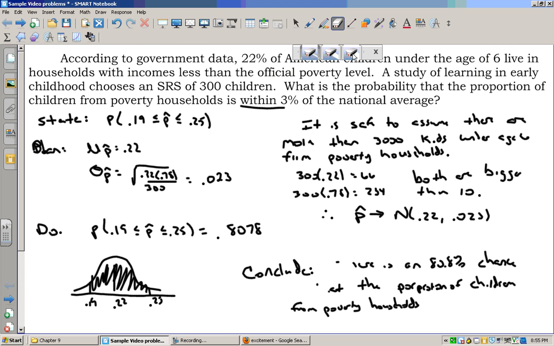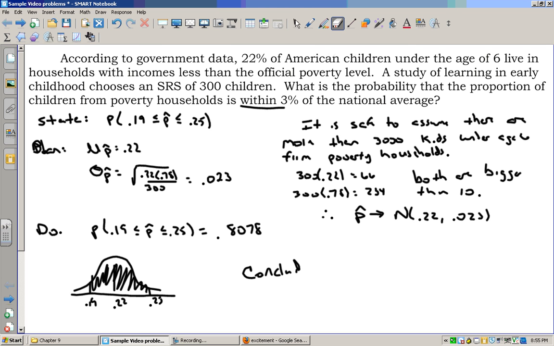Alright, see, this is the tricky part. Sometimes you have a hard time figuring out exactly how you're going to phrase this. So basically what you're being asked to find here, what's the probability that the proportion of children from poverty households in our survey is within 3% of the national average?